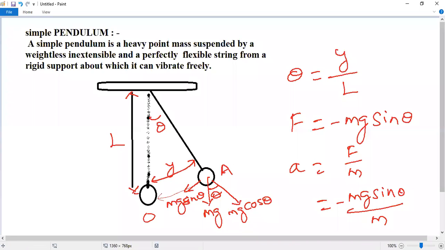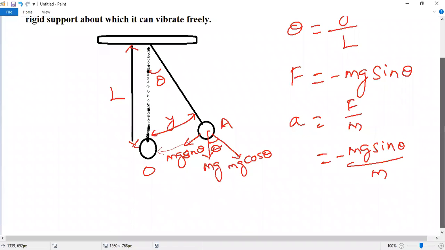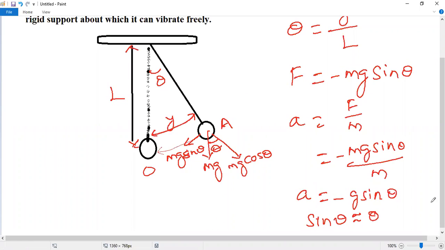Then I will get acceleration a equal to minus g sin theta. Now, sin theta is approximately equal to theta, because it is a very small angle only.